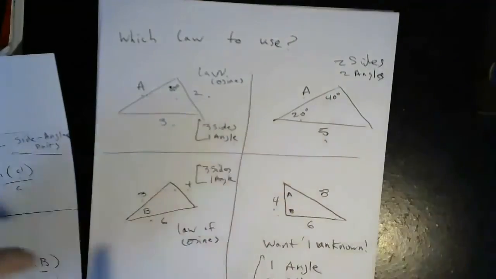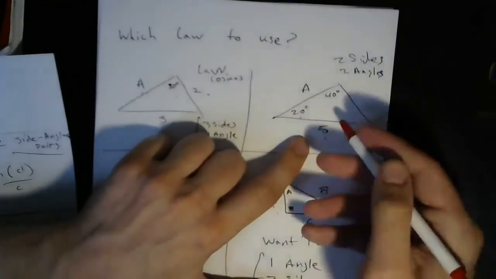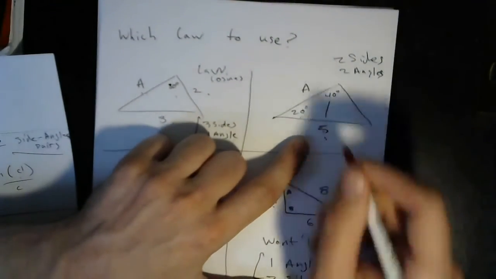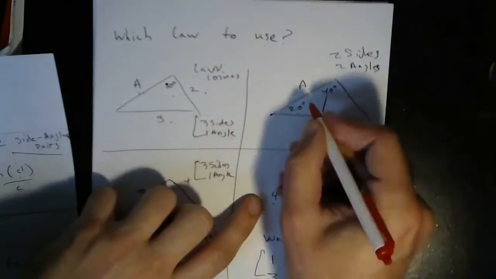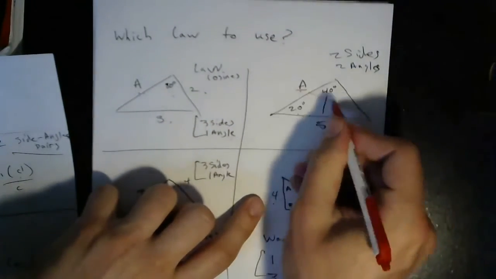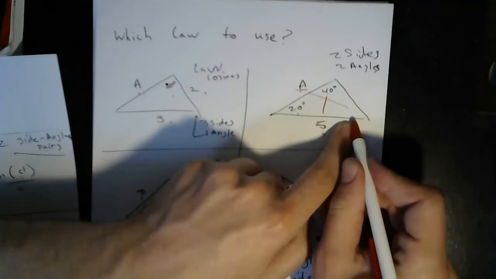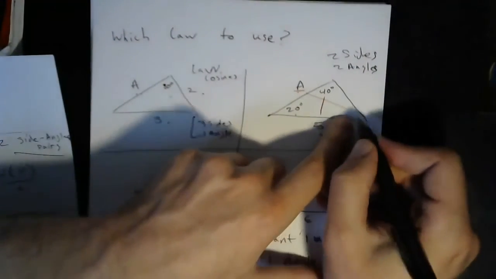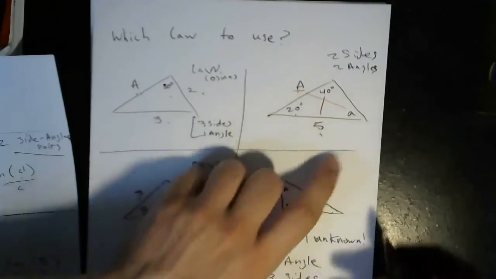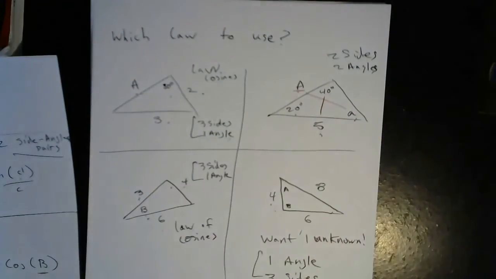We need them to be paired. So 5 and 40 are paired. However, our unknown here we need to pair with this angle here. So we have this unknown angle. I'm going to use little a in this case.